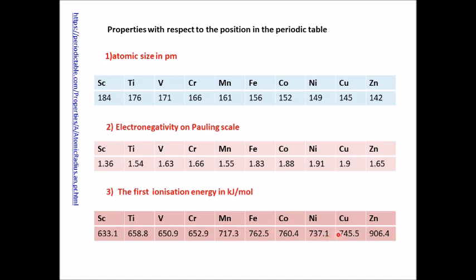From your previous knowledge, the first ionization energy is the amount of energy required to remove the outermost electron, which is loosely held. Here it is of course the 4s electron which is the outermost electron, and we can see here that as the atomic size goes on decreasing, the ionization potential goes on increasing, which is much in accordance with the properties of the atoms in the periodic table.